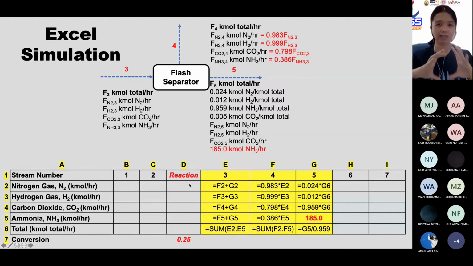The reaction column caters for the change in molar flow rate when the reaction takes place. I put it between stream 2 and stream 3 because the reaction in the reactor happens between stream 2 and stream 3, so in the middle I put one additional column, which I call the reaction column.